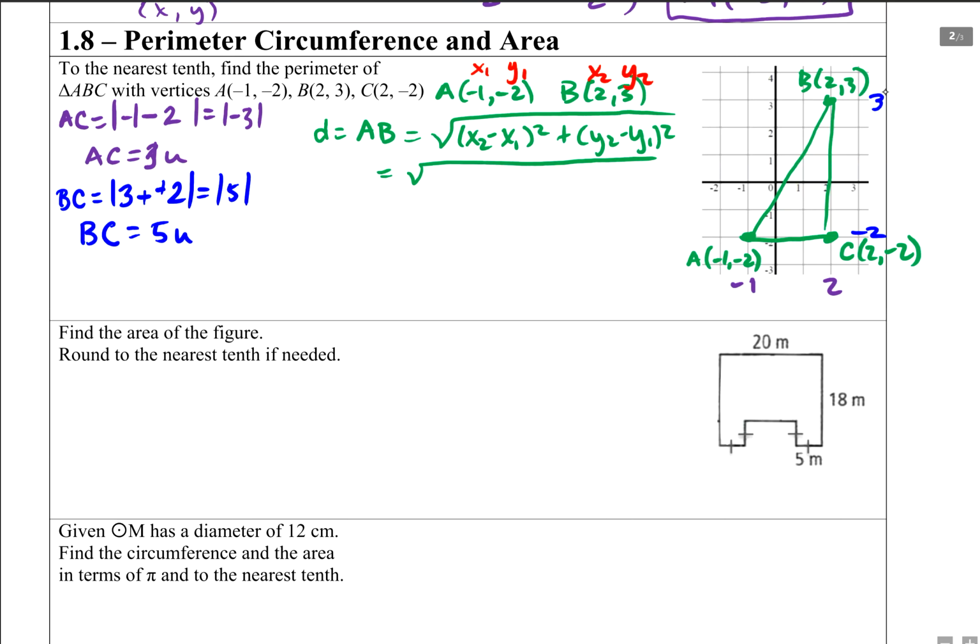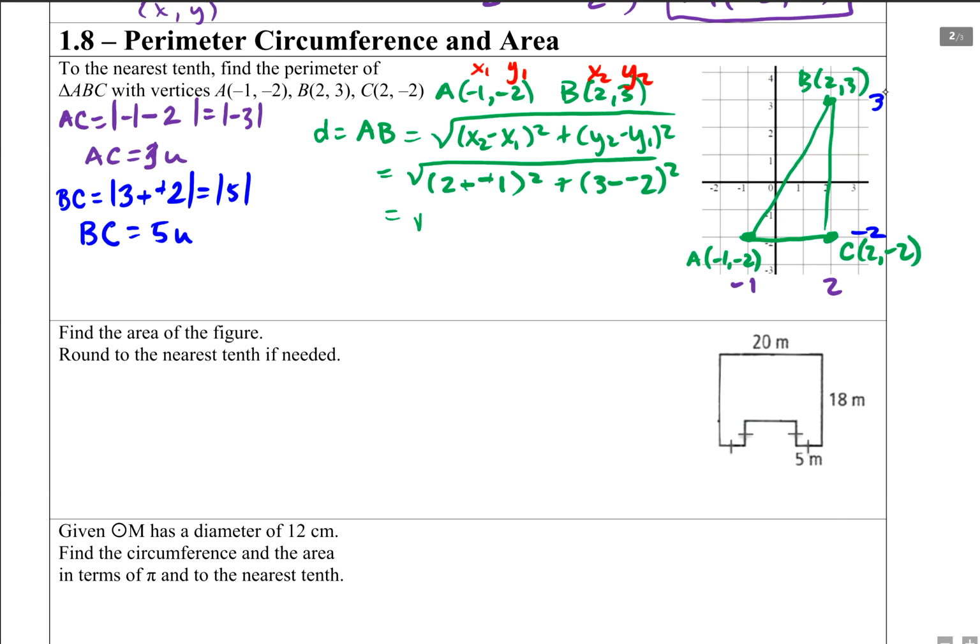So square root, x2 is 2 minus x1 is -1, that goes squared, plus y2, 3 minus -2 quantity squared.